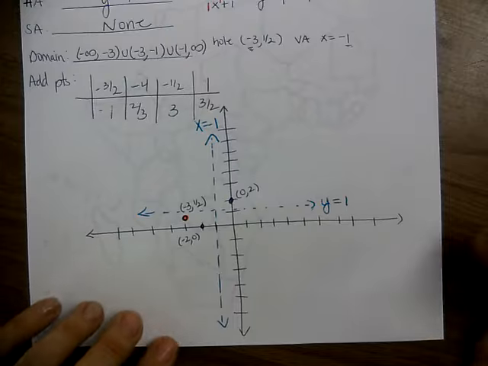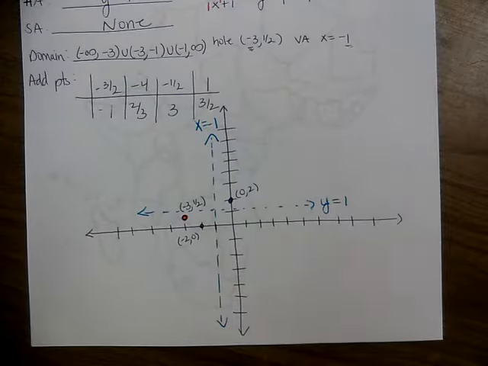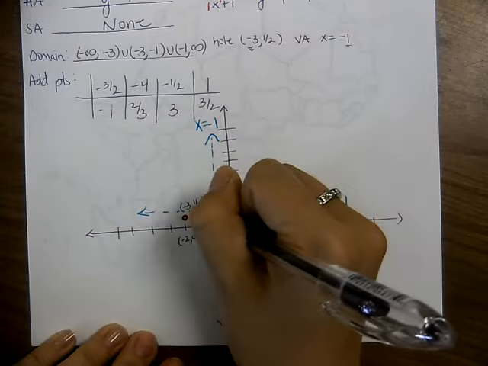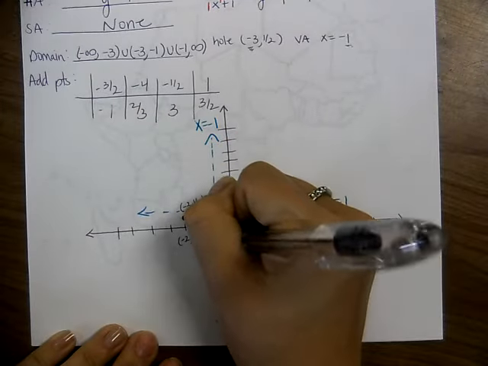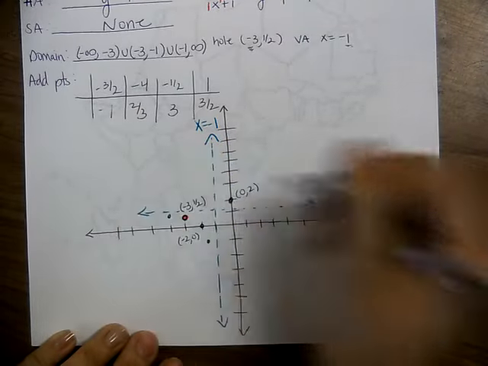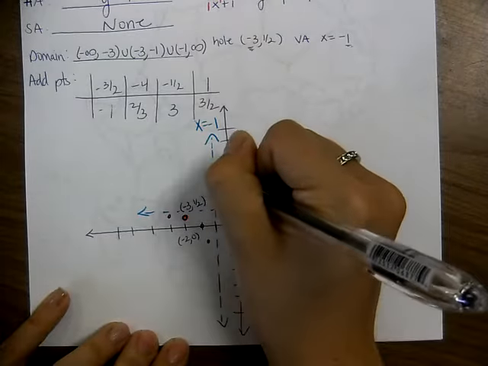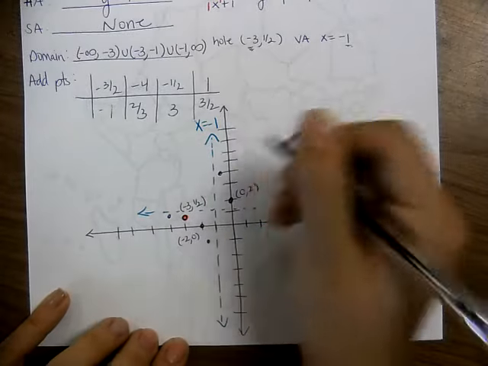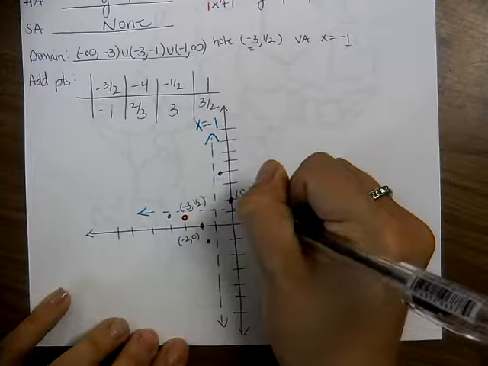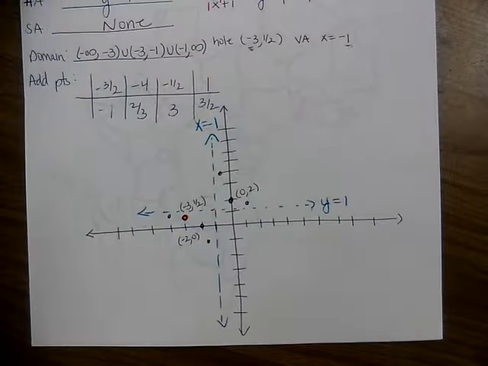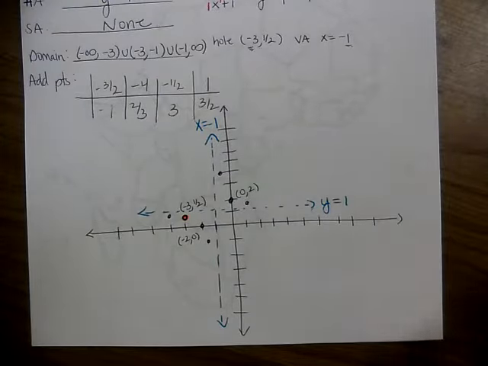So now I'm going to plot these points on my graph. I don't have to label these points. Just like I thought, I was within those two quadrants.